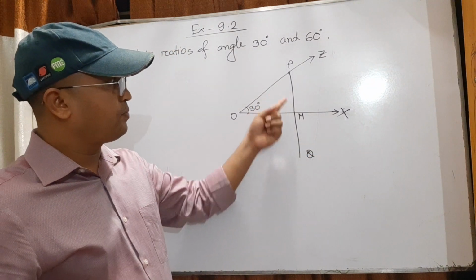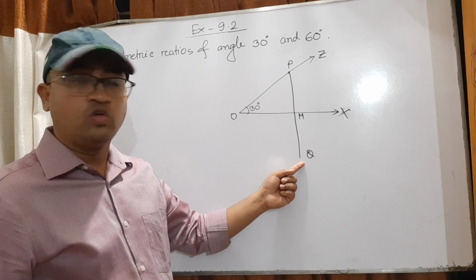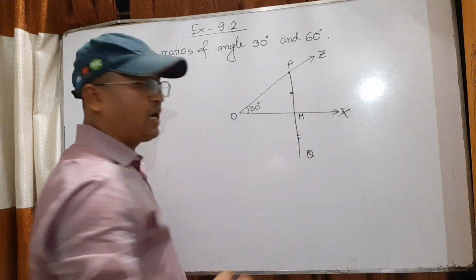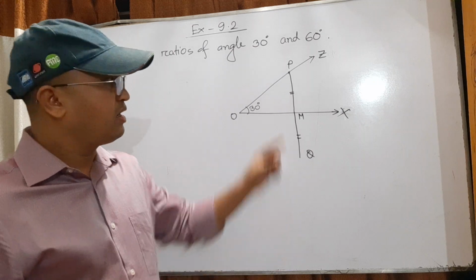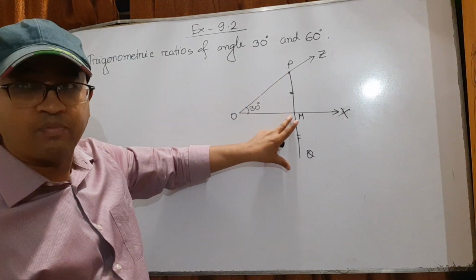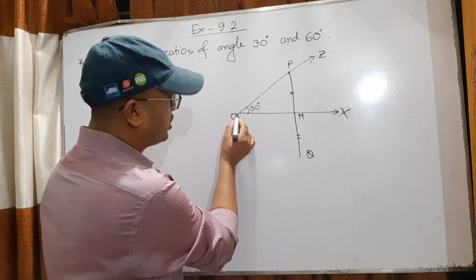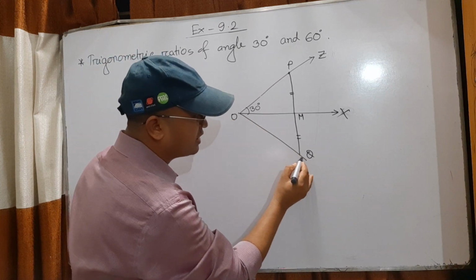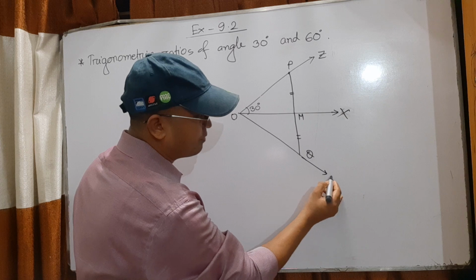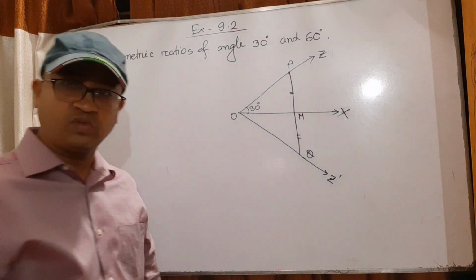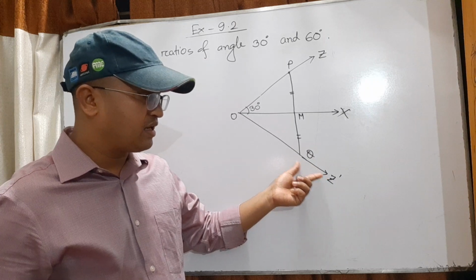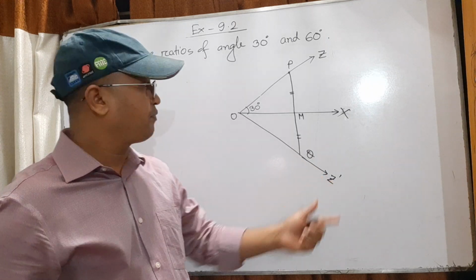I extend PM up to Q so that PM equals MQ. Now join OQ and extend it up to Z prime.